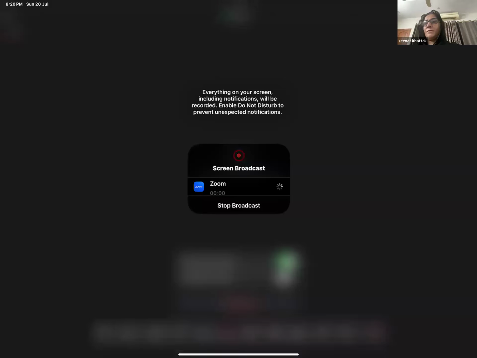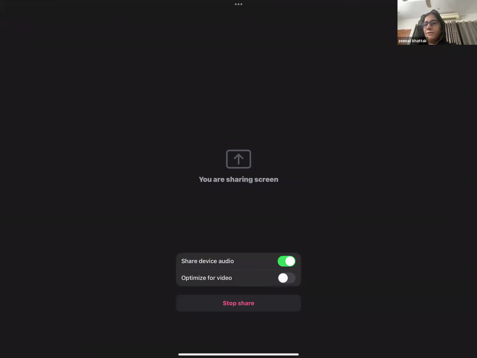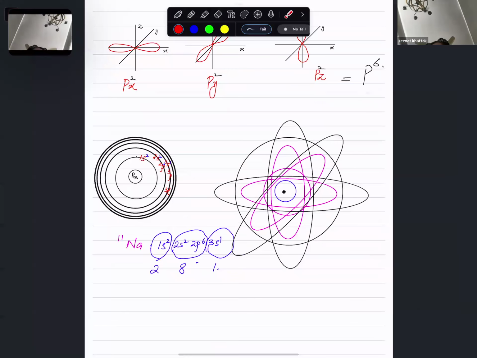So the first quantum shell. First, let me share the screen. Yes.